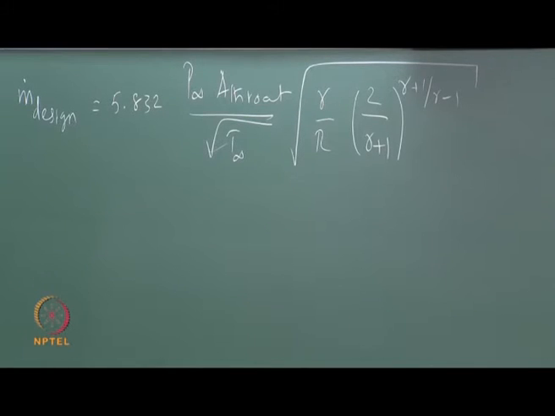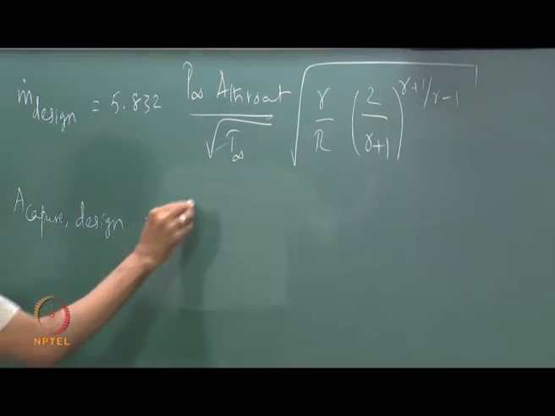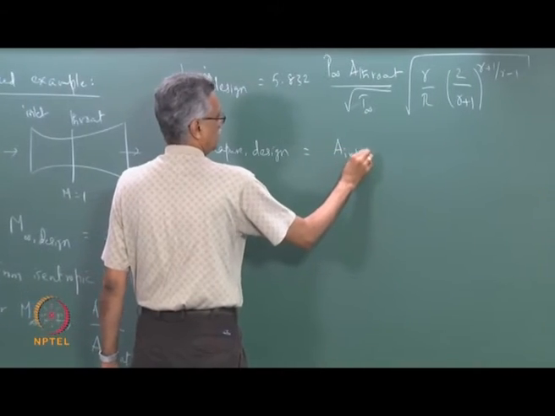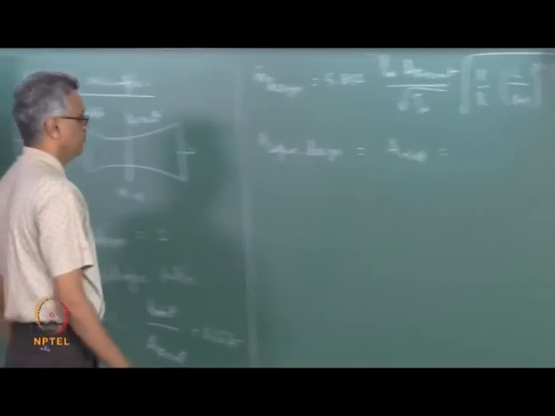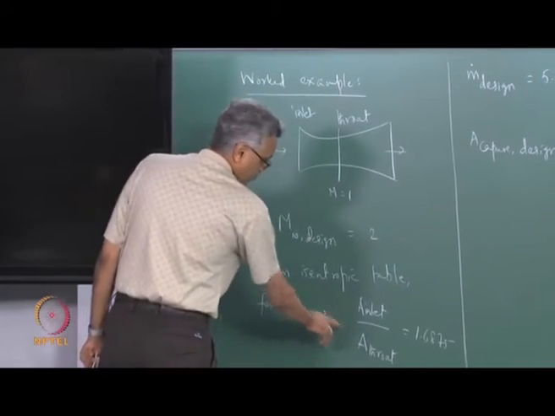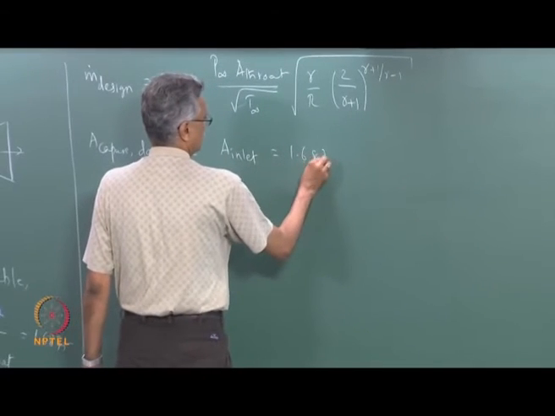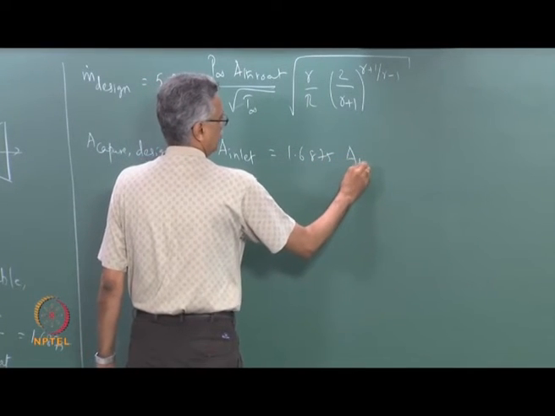And we also showed the capture area for this case to be equal to the inlet area. So, A capture for design condition was equal to A inlet. Using the fact that for the design Mach number A inlet over A throat is 1.6875, this can be written as 1.6875 times A throat.